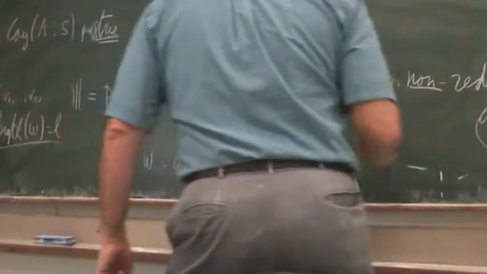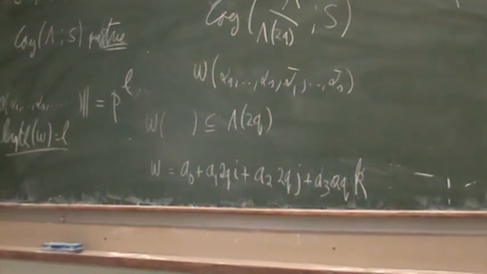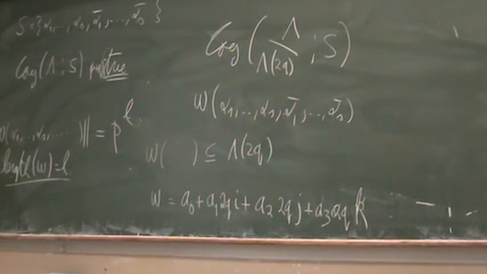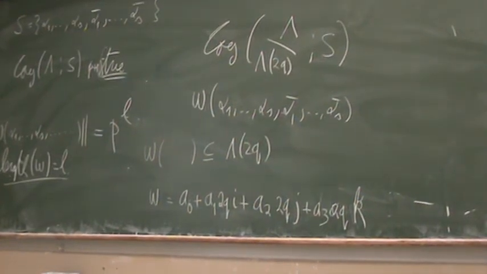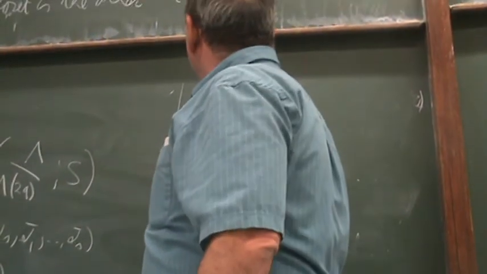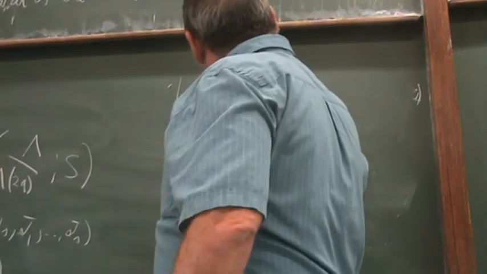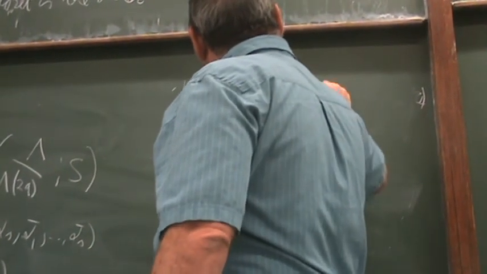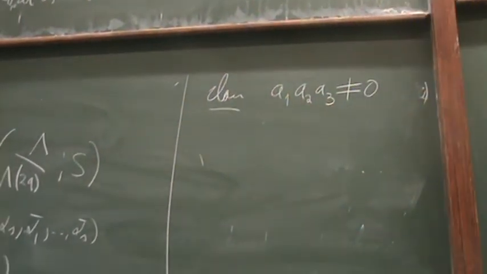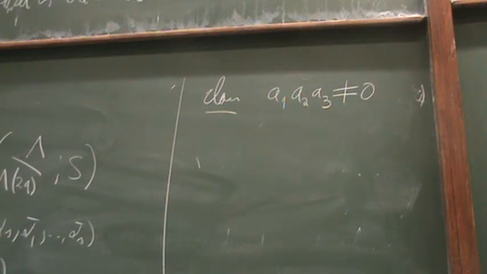I'm getting such a quaternion element if I multiply L quaternions of norm p, right? I claim now, and I will finish in 2 minutes, that of a1, a2, and a3, at least one of them is not 0. It's important for me, without a0.